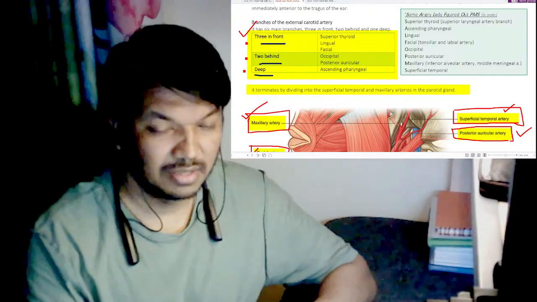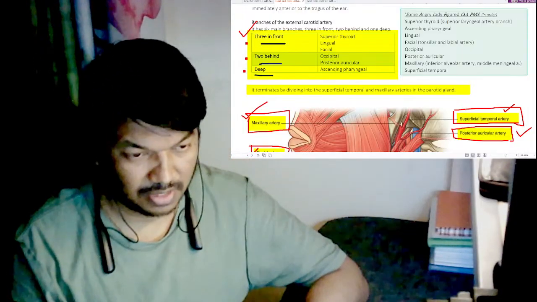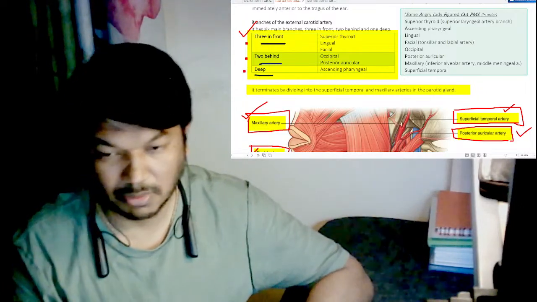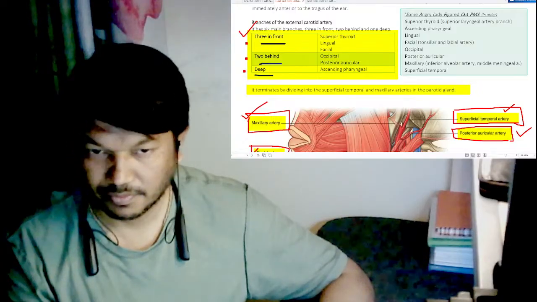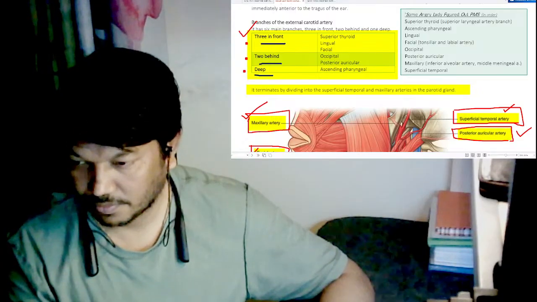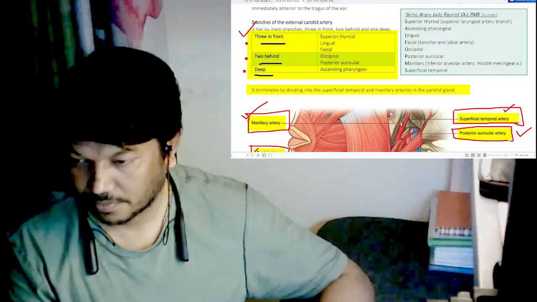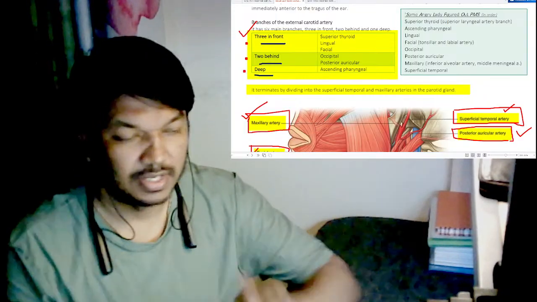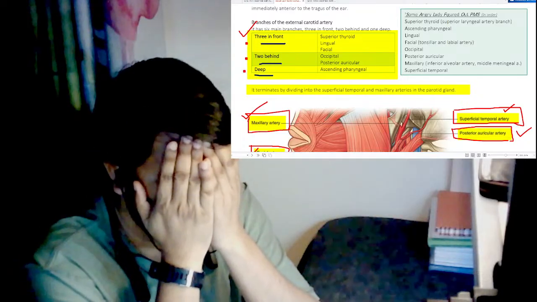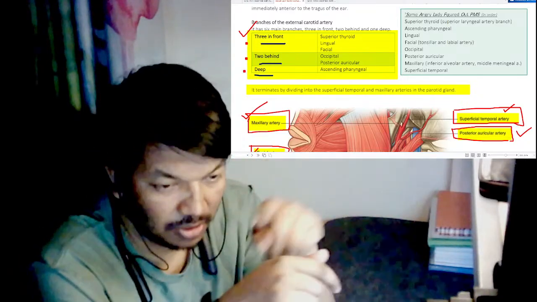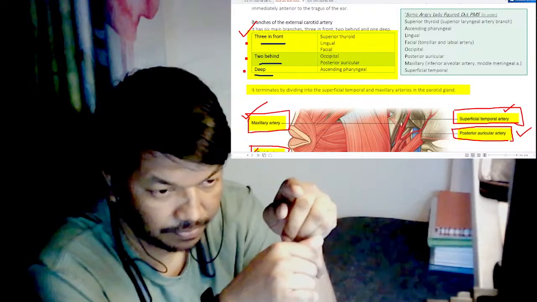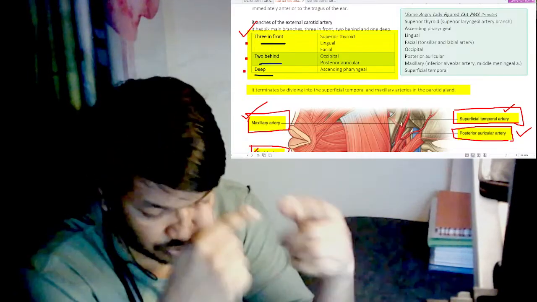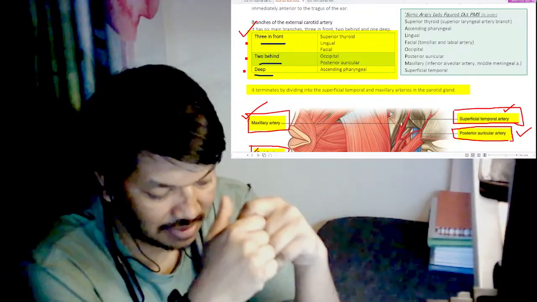superior thyroid artery. Before also we have seen superior thyroid artery. Thyroid has how many blood supplies? So thyroid has a superior thyroid artery, and I told you that from now on, try to make it a habit.